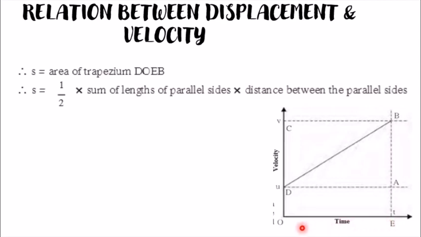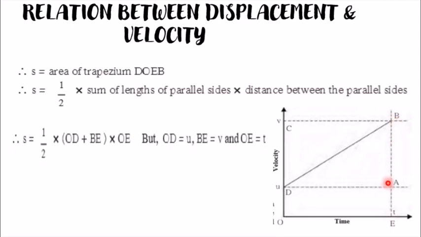So, if you will look at this trapezium DOEB, we can find that two sides are parallel. That is, OD is parallel to EB. So, S is equal to half into OD plus BE, as these two sides are parallel, multiply by distance between the parallel sides.